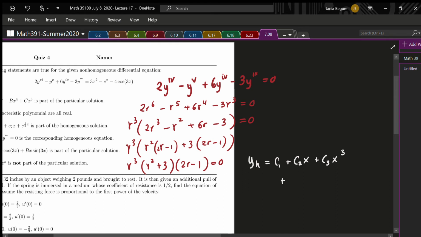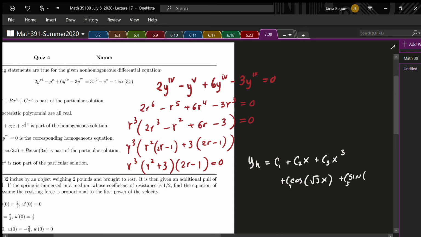Plus, now the second one, r squared plus 3, that gives you complex roots, right? So you have plus and minus square root of 3i. So that would give us cosine of square root of 3x plus sine, well, I forgot the constants, so c4 and then c5, right?